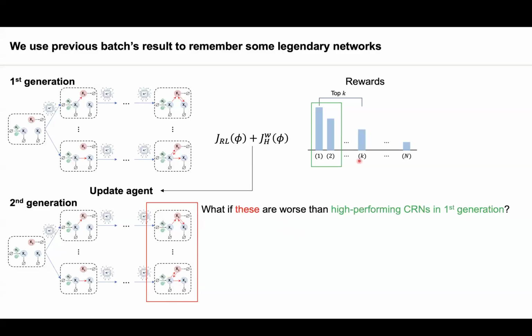So in this case, rather than using this red second generation, we had better choose some well-performing CRNs from the first generation. So to check if some good CRNs in the first generation are better than the second generation, we will add an additional reward term.